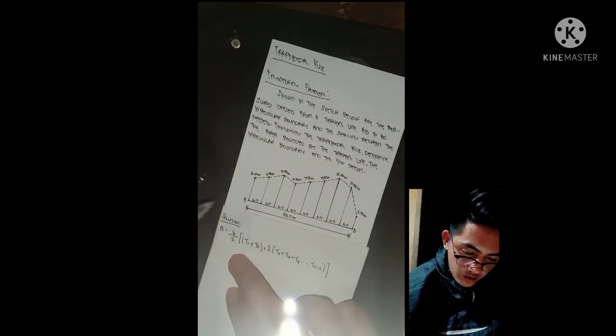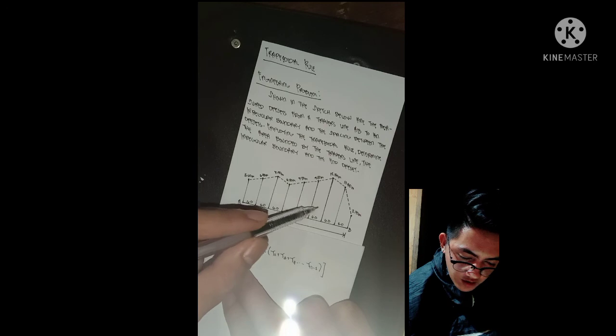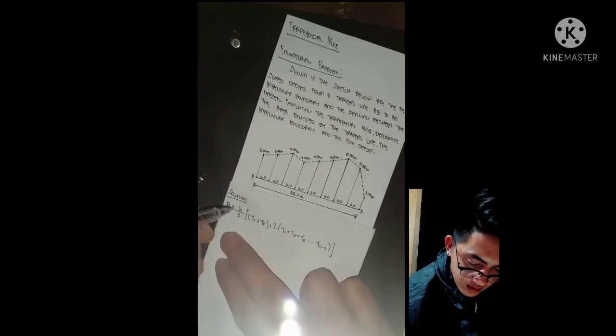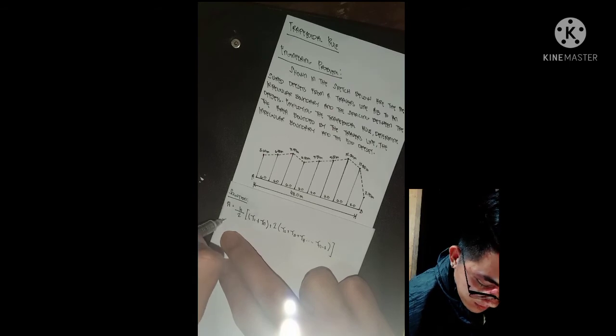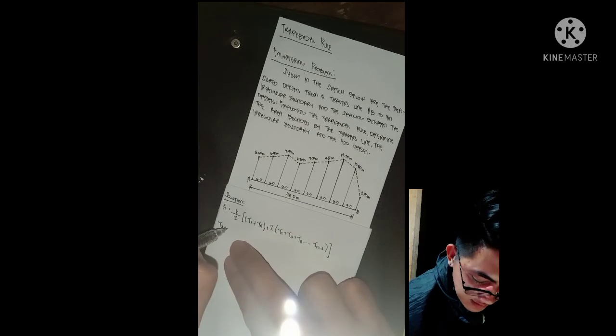So in this diagram, these are y1, y2, y3, y4, y5, y6, y7, y8, and y9. For our y1, we have the value of 5.60 meters.